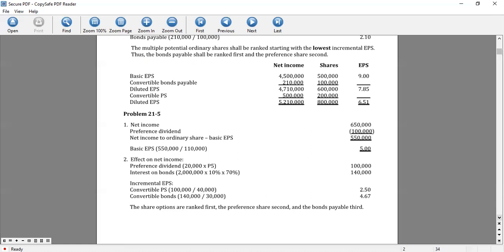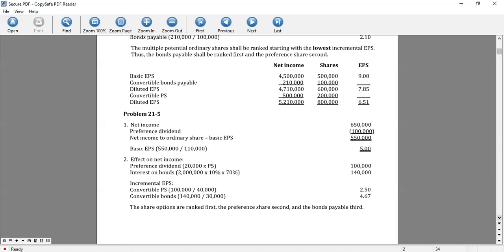And we know here we have to divide by the effect. We have the preference dividend of 20,000 times 5, and the interest on bonds at 10% of 2 million, multiplied by the income tax rate of 100% minus 30%.